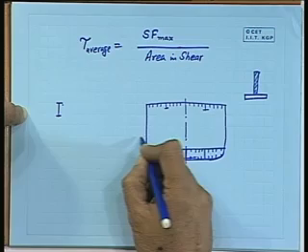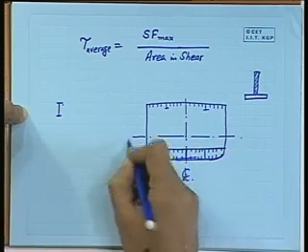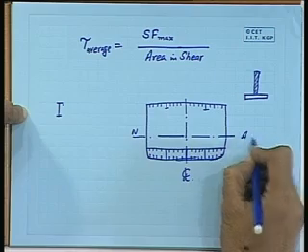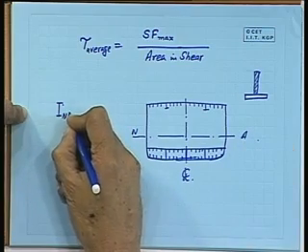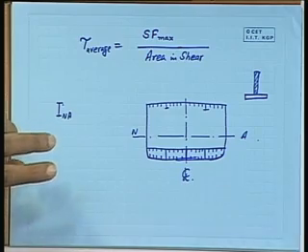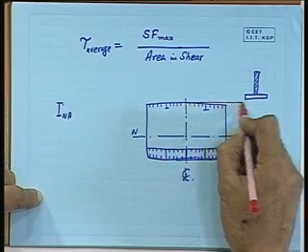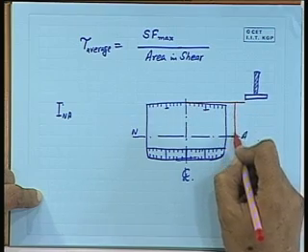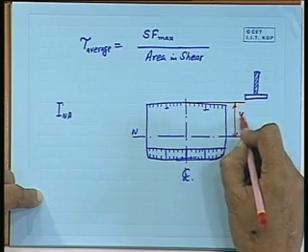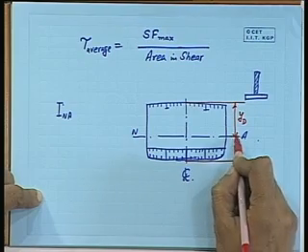So this neutral axis will be somewhere here, and I of this section has to be calculated, and then we say that the Y value for the deck is here, and for the keel this is this value.